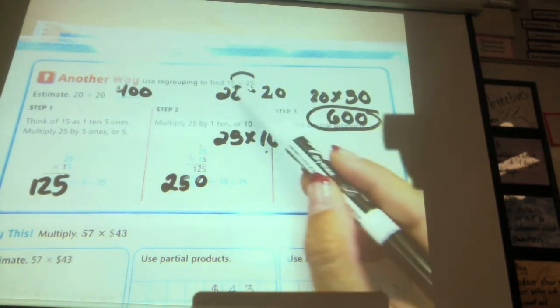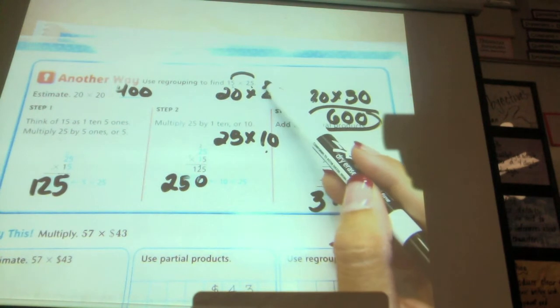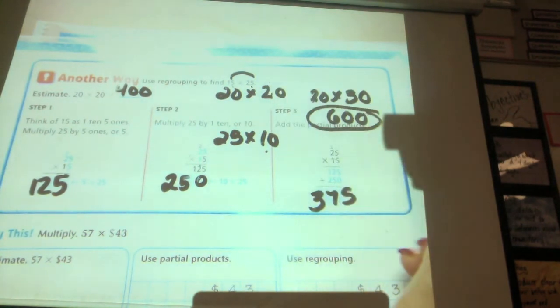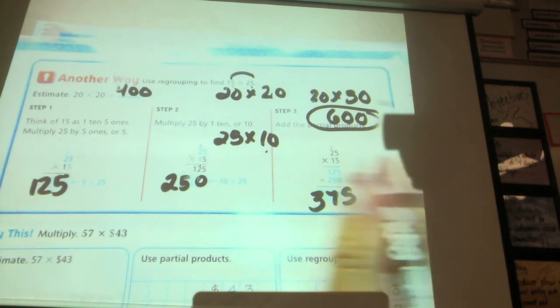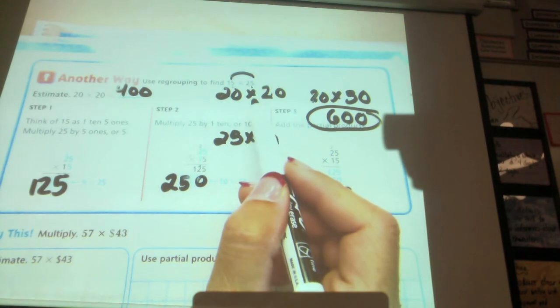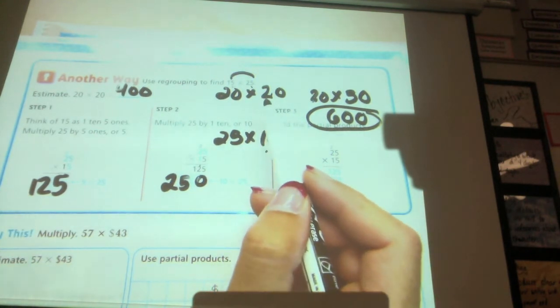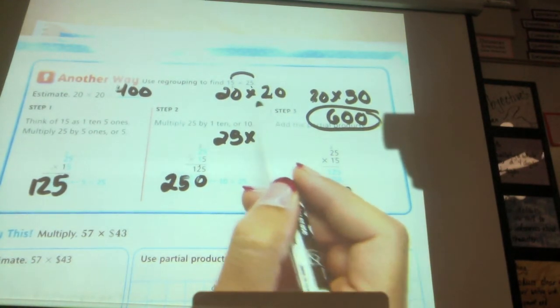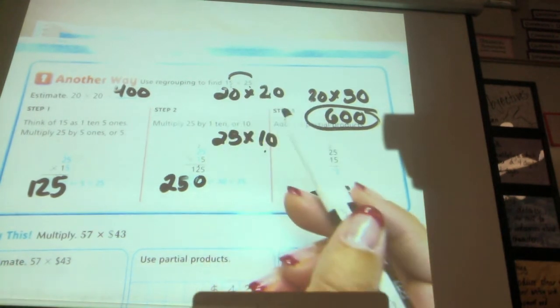I'm doing 20, which is over 15, and 30, which is over 25. So my estimate's going to be way over my real answer. But since they're both at that halfway point, I'm going to make a decision that one will round up and one will round down. So I'm going to round this one up and that one down.